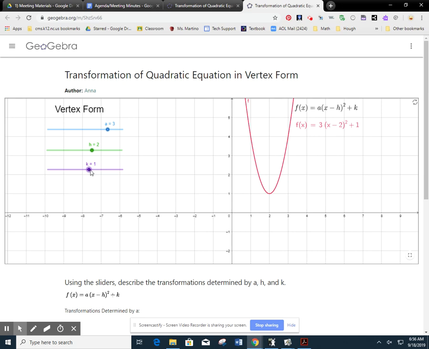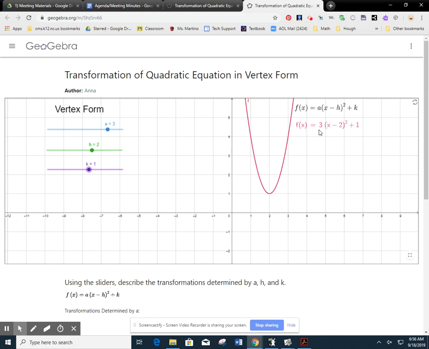Okay. So our origin is the focal point. I always start with that. So the origin moved right 2 and up 1. So this shows us right 2 because x minus positive 2 and then up 1.